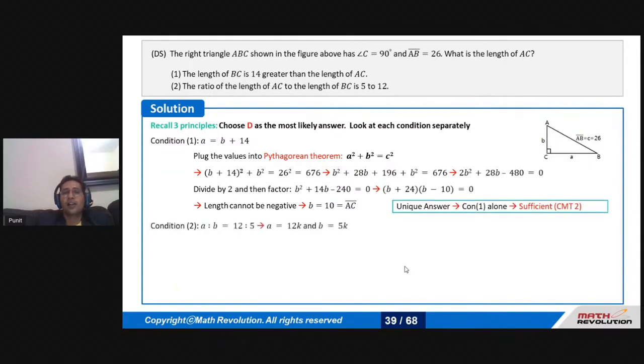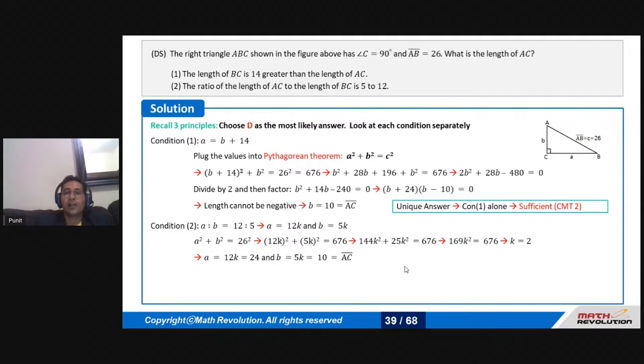Now the second part, where it says the ratio of the length of AC to the length of BC is 5 to 12. So A is to B is 12 is to 5. We could take any random integer k. So that would be 12k and 5k. We reapply the Pythagorean theorem. 12k squared plus 5k squared equals 26 squared, which is 676. 144k squared plus 25k squared equals 676.